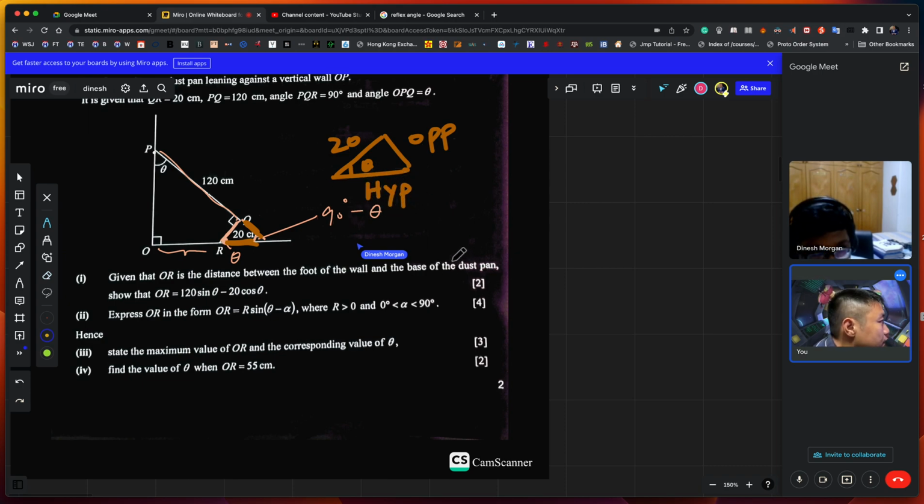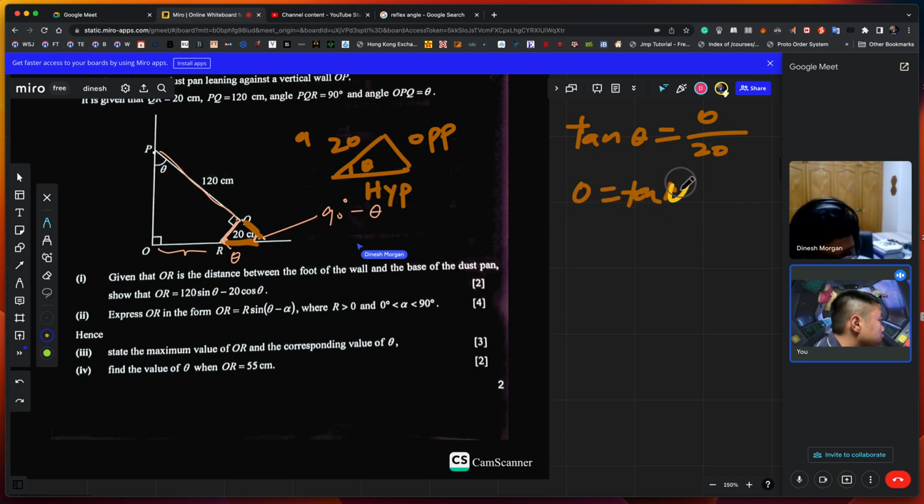So tangent theta is equal to O over A, which is 20. So O is equal to 20 tangent theta, which is this part.